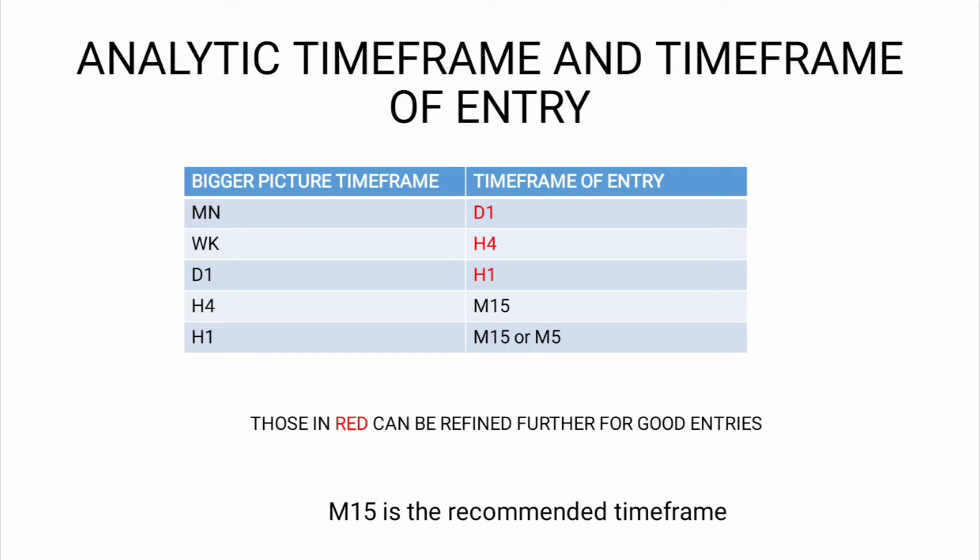Then if you're using a weekly, enter with 4 hour. If you're using daily, enter with 1 hour. If you're using H4, you can either enter using 15 minutes time frame or even 5 minutes. If you're using 1 hour, you can use 15 minutes, 5 minutes, 3 minutes, or 1 minute.